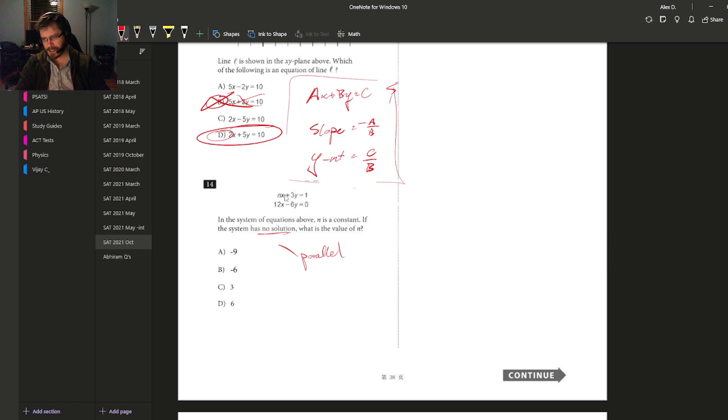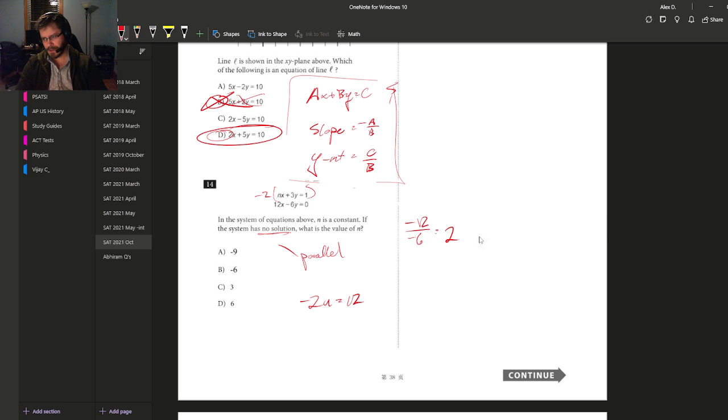So to get these things to have the same slope, these coefficients have to be proportional. So if I multiply this by negative 2, negative 2n equals 12. Because that would make this negative 6, and that would have the same kind of concept up here. Slope is negative a over b. So here the slope is negative 12 over negative 6.